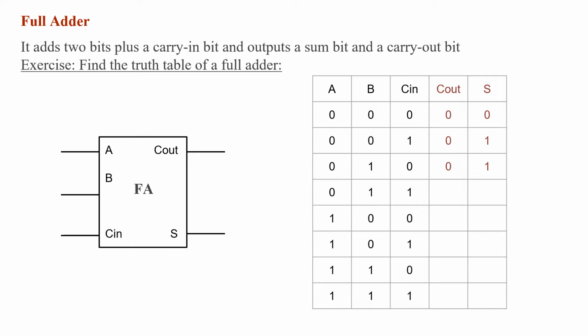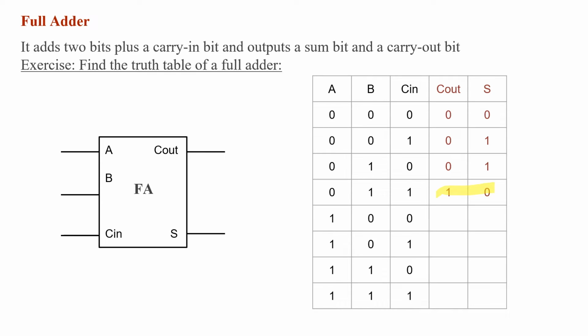In the next combination, we're adding 0 plus 1 plus 1. So 1 plus 1 is 2. That means we'll have a sum bit equal to 0 and we'll have 1 carry out. And if you notice, you can read this as a 2-bit binary number whose value is 2, because 1 plus 1 is 2, and in the binary system the maximum value a bit can have is 1.